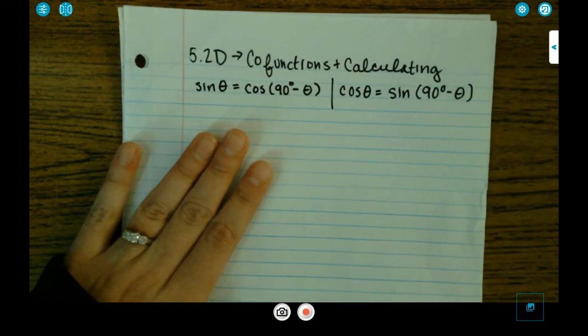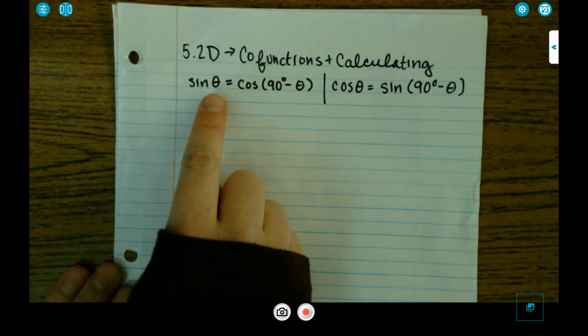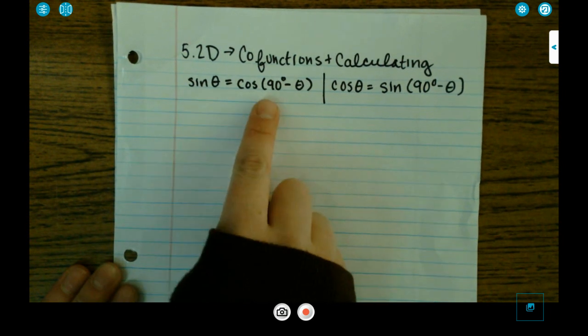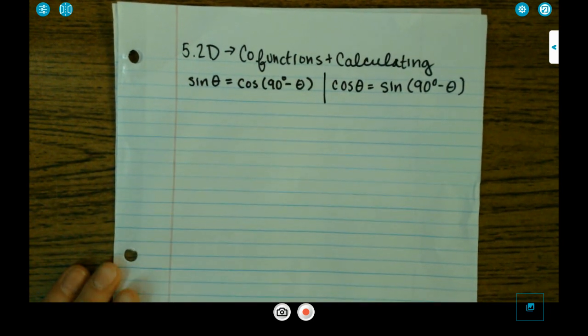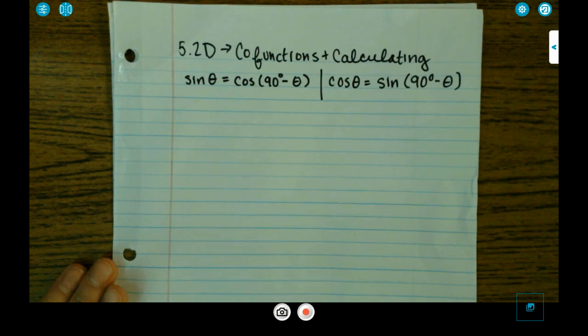So sine and cosine are cofunctions. So basically, let's say this is 20, sine of 20 is equal to cosine of 70, because 20 plus 70 is 90. So you take one angle, the other angle of it, and it's because the opposite over hypotenuse becomes the adjacent over hypotenuse, basically.